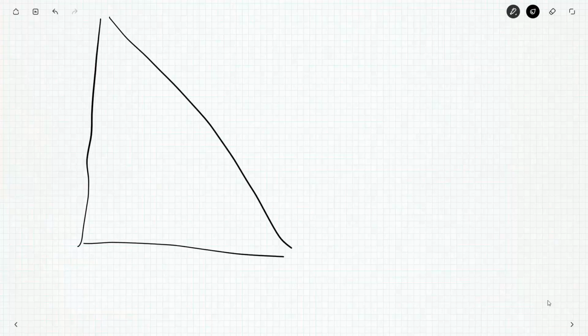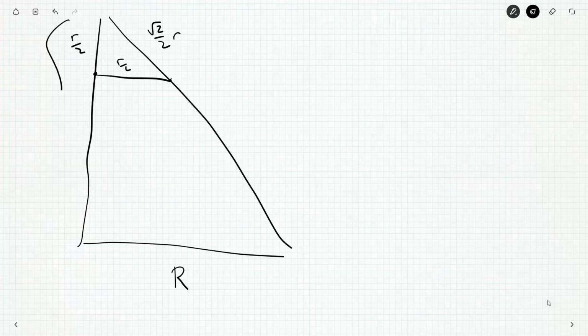So now we're looking at a side view. R here. Root 2 over 2 little r. Little r over 2, little r over 2. This whole height here is capital R. We have the center there.